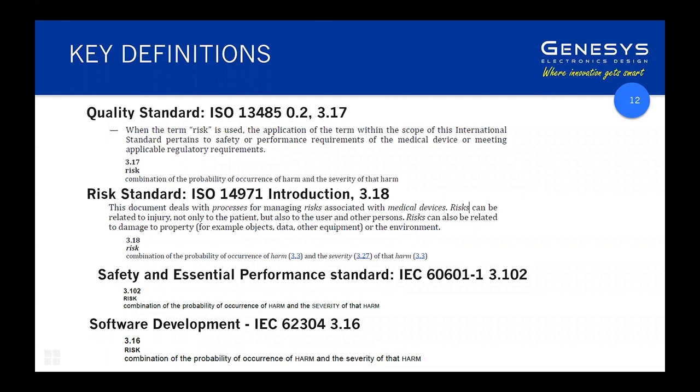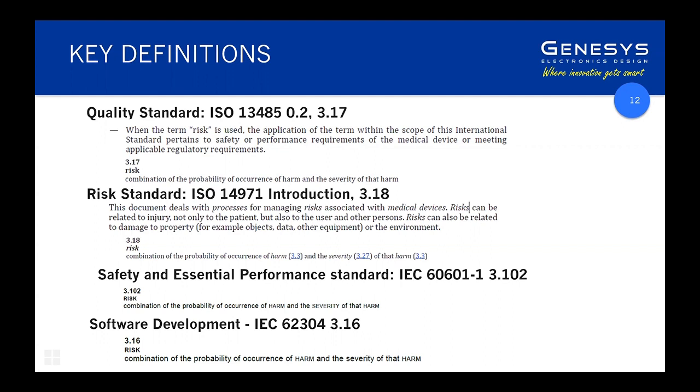This is a very definition-rich environment, and if you follow down the tree of all the definitions that call up other definitions, it gets quite complex. But there are some core concepts that you really need to get your head around to be able to make sense of this. So, starting with the headline: risk is the probability of occurrence of harm and the severity of that harm.